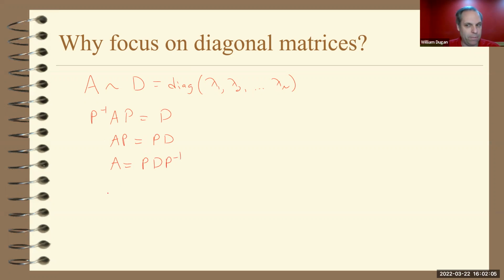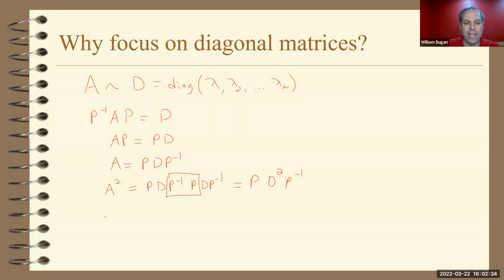Notice what happens. If you take A squared, this would then be P times D times P inverse times A again. So that would then be P times D times P inverse. But if you look on the inside, that's the identity. So the only thing left then is P times D, that's D squared, times P inverse.